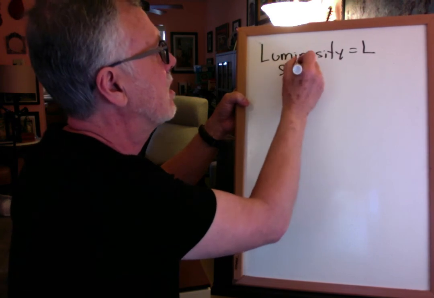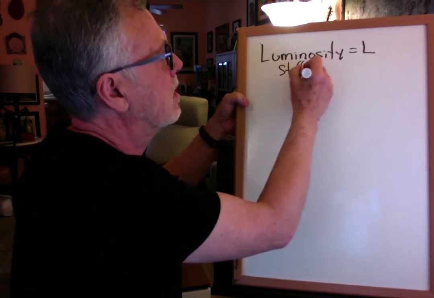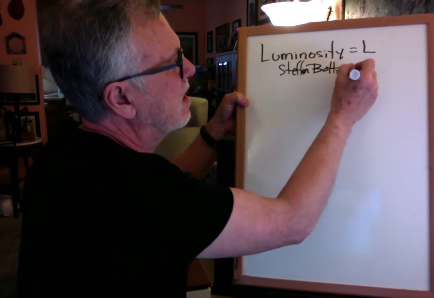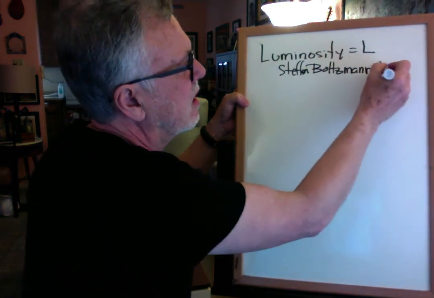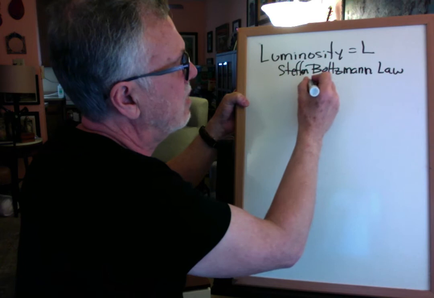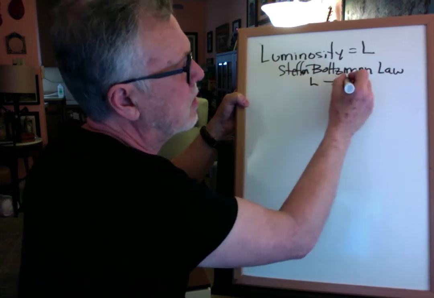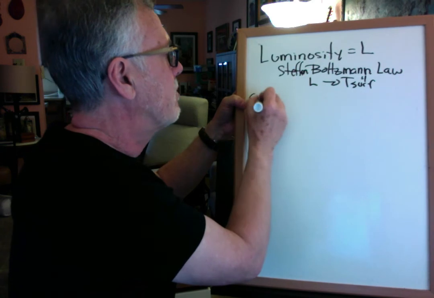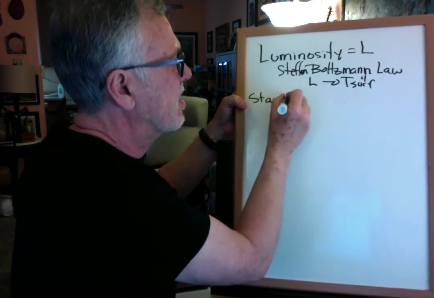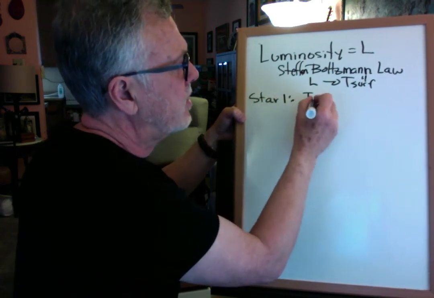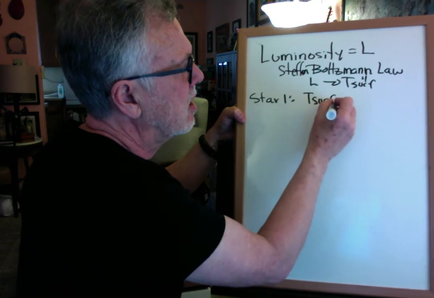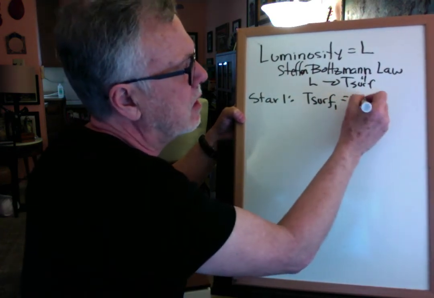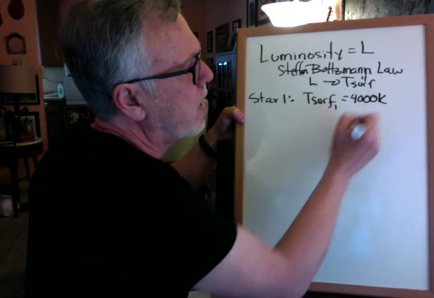Stefan-Boltzmann law. Again, what that says is the luminosity is related to the surface temperature to the 4th power. So here's star 1. Let's say its surface temperature is 4,000 Kelvin. This is a red star.